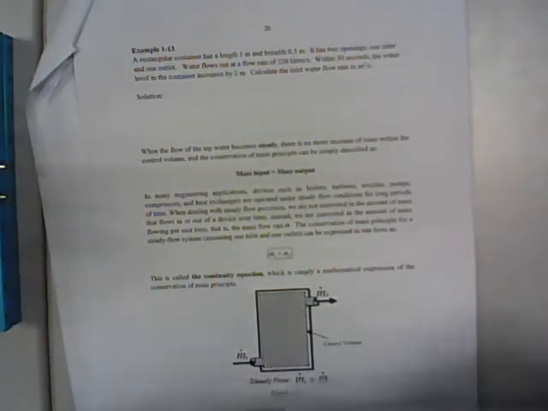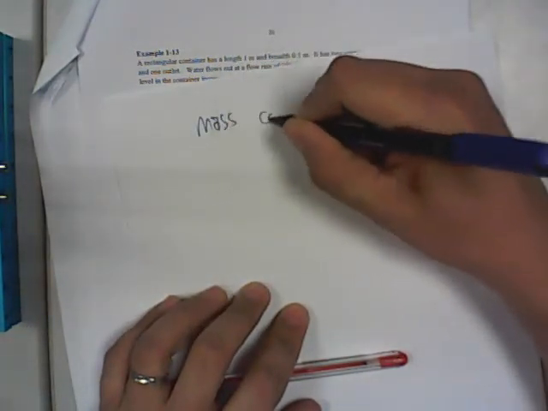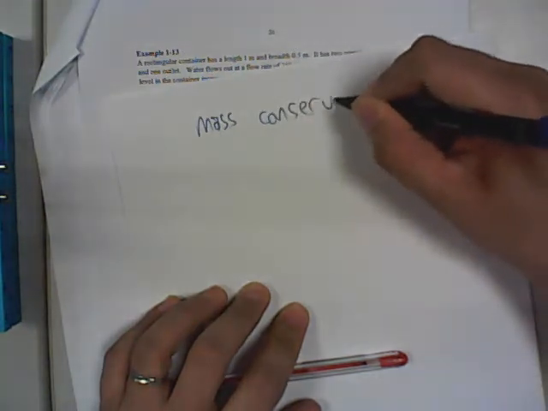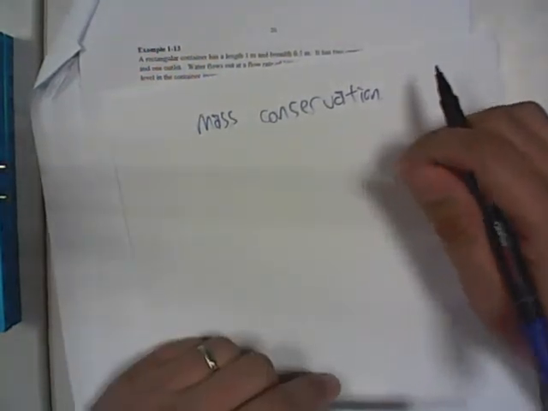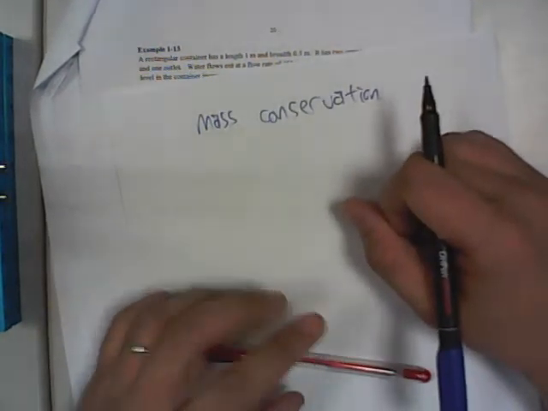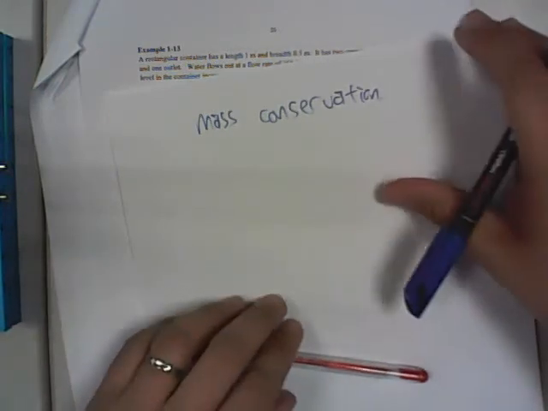I'm just going to put it very straightforward to you. The idea of the continuity equation is mass conservation. Mass cannot be created nor destroyed. It has to be conserved. If it enters somewhere, it has to leave in another place.